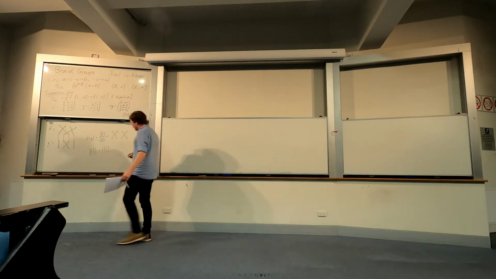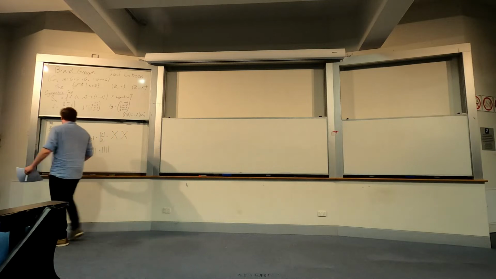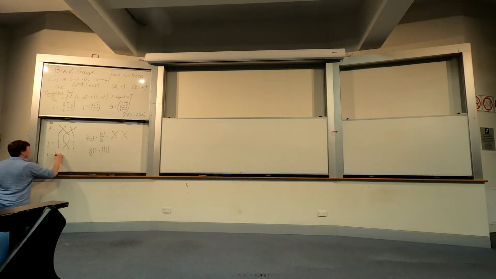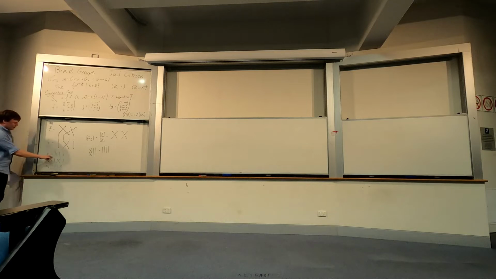And another, so what is this saying, by the way? Let's get a tiny bit technical. I can introduce some special elements. So this is going to be S1, S2, and S3. This is the permutation that switches 1 and 2. This is the permutation that switches 2 and 3, and this switches 3 and 4.